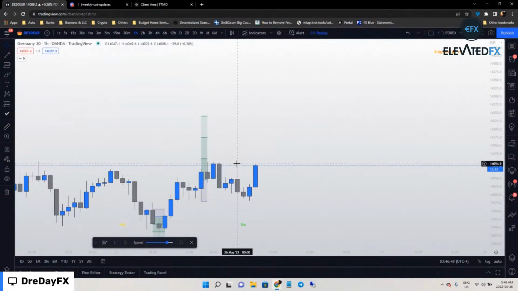Right now it's almost at the previous high. And I'm right now in pretty good profit. So I'm just gonna let the German 30 do its thing.